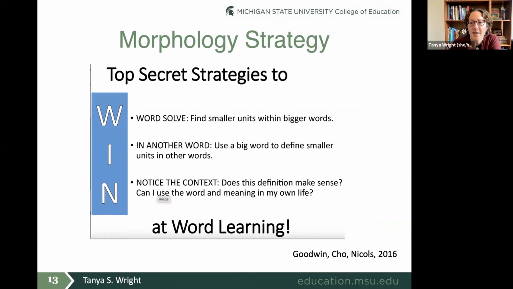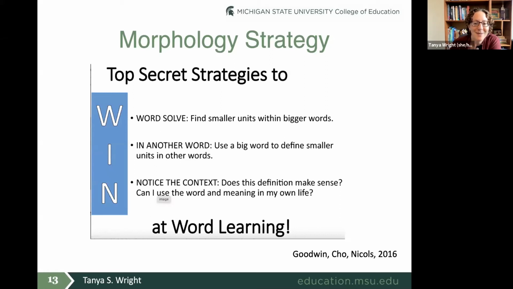In case we haven't said this, a lot of this work tends to have been done with upper elementary school kids, middle school and above. So there's definitely less work on this with young kids. But if you look at the standards, our young students are supposed to understand these things. So why not start to notice how words work and start to teach kids these strategies, even if we're not expecting them to do them fully independently in the early grades of school.